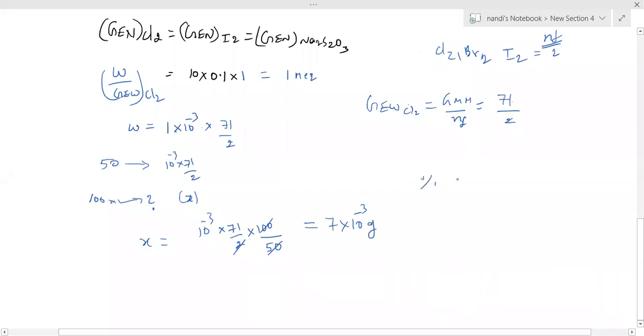Then finally 71 into 10 power minus 3 grams of weight is there. Percentage means how to calculate? Percentage of Cl2, or percentage of available chlorine. Cl2 equal to calculated weight by given weight W total into 100. This is percentage purity. How much weight did you get? 71 into 10 power minus 3. How much weight is given in the question? 0.71 into 100.